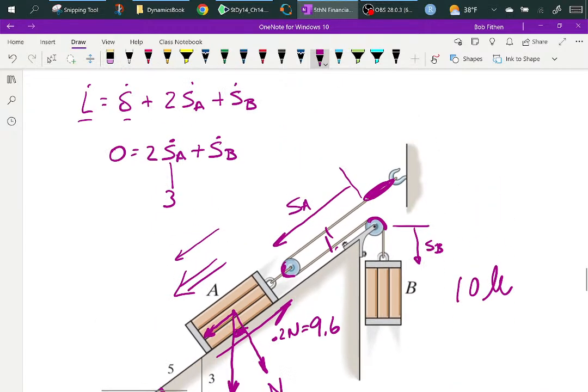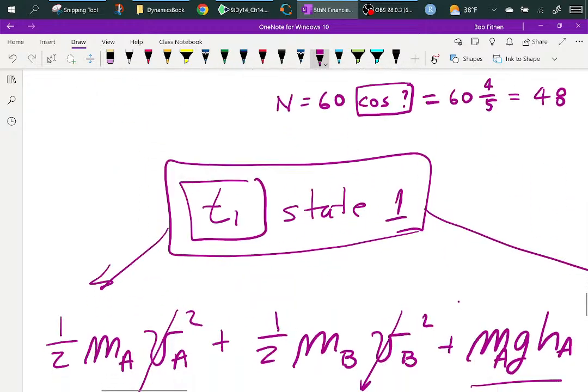Yeah, I think it's in feet. 3 feet in 1 second times 2 plus SB equals how much in that same 1 second? 2 times 3, 6 still, right? So that means SB had to move 6 up. Does that make sense? So you got 6 up.